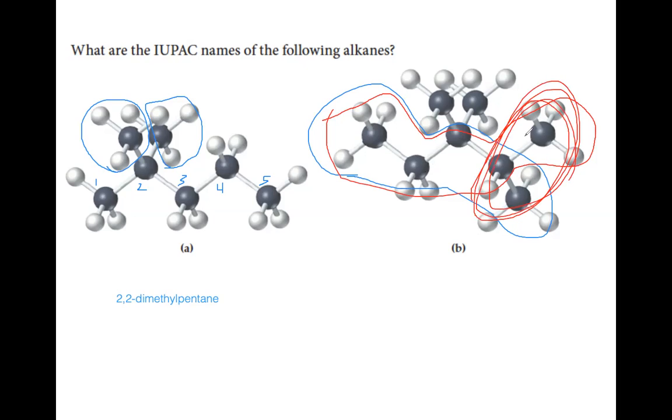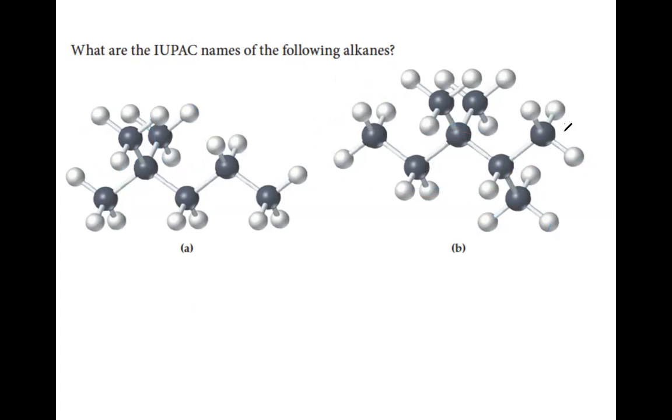And again, when you get to this point here, it doesn't really matter which way you go. All right, it's getting too busy. If I started at this carbon, this is the second carbon, and that means there's going to be a methyl group coming off of that second carbon. Alternatively, if I started with this carbon, made this 1, it's still the second carbon, and there's still going to be a methyl group coming off that second carbon.